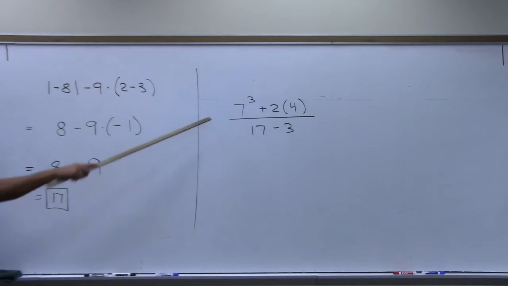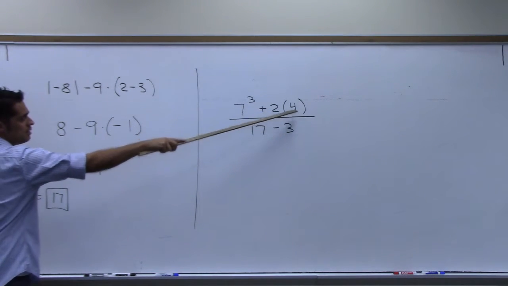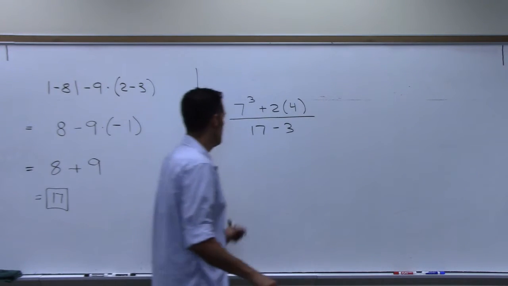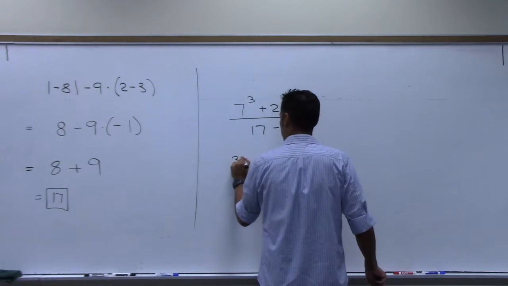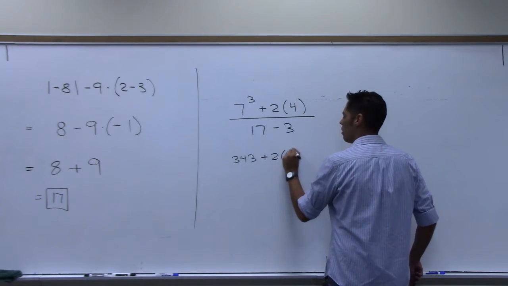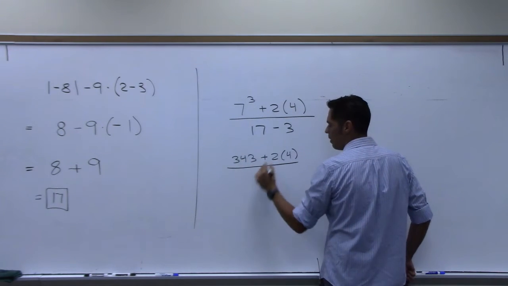So I'm going to start out on top. I see exponents, I see parentheses, but the parentheses, there's a 4 inside. I can't do anything to that, right? So I'm going to do the exponent first. 7 cubed. 7 times 7 times 7, which is 343. 343 plus 2 times 4 over, I guess I can do the bottom now also, right?